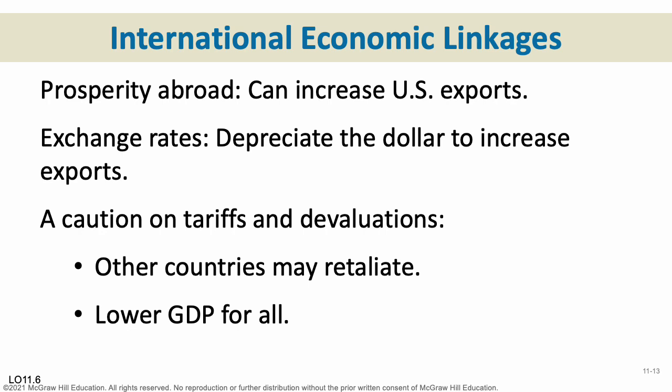A lot of countries will artificially manipulate their money to make it worth less compared to other countries' money. And the reason they do it is it becomes cheaper. Think of the Canadian dollar as worth a lot less than the US dollar. If you buy something that costs $100 here and $100 there, you're really getting a 25% discount if you buy it in Canada, because their money is worth a lot less.